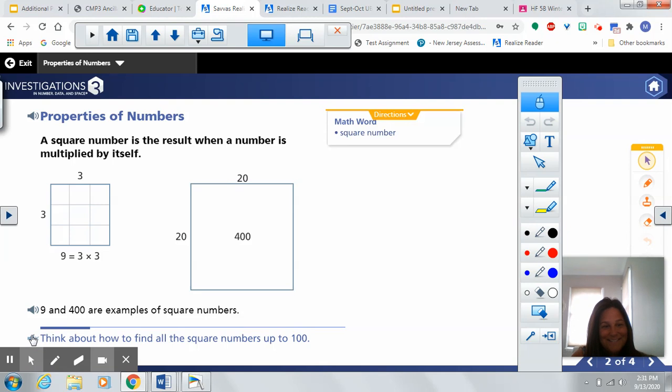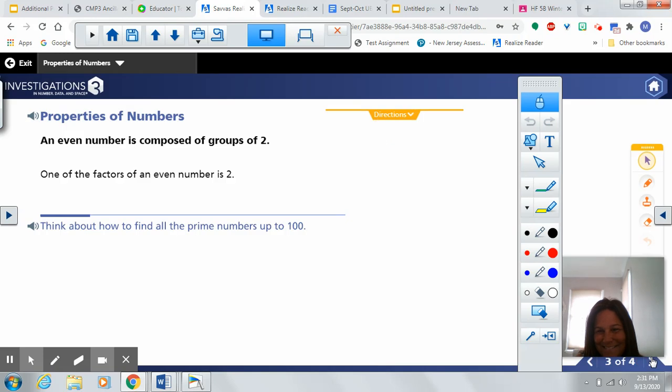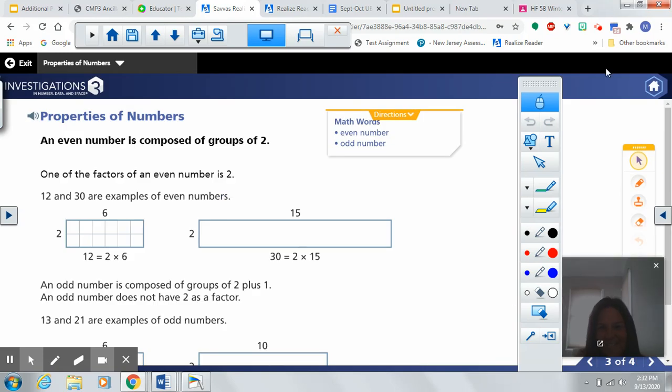It says, think about how to find all the square numbers up to 100. So think about that. We talked about finding all of the prime numbers up to 100, and now the same question, but the question would be square numbers. And we'll come back to both of those.